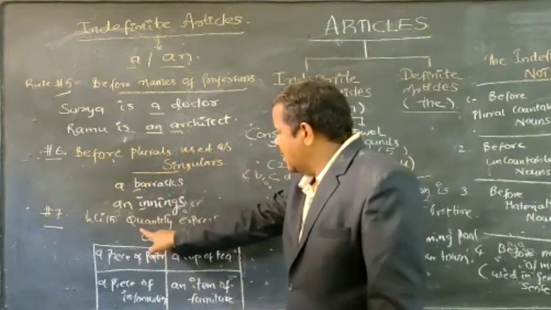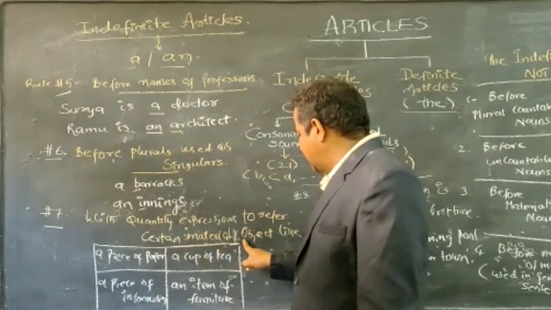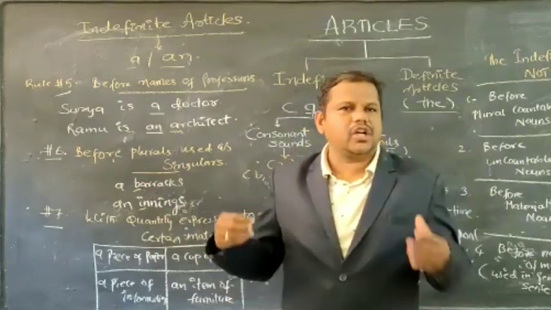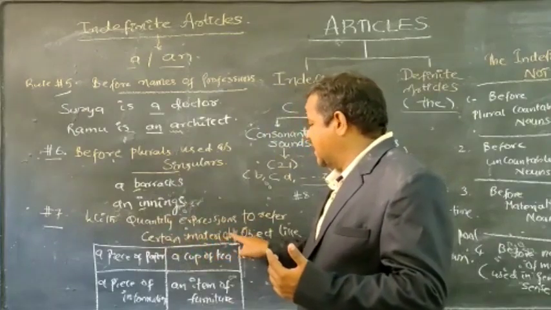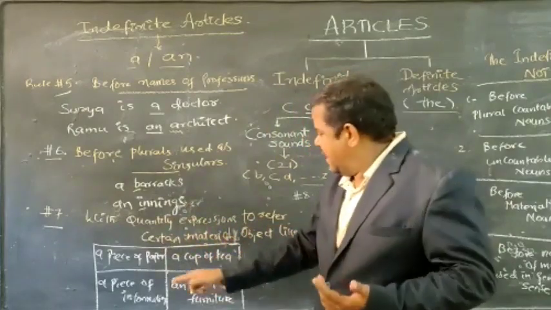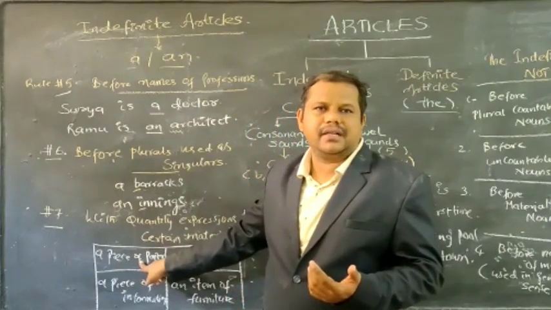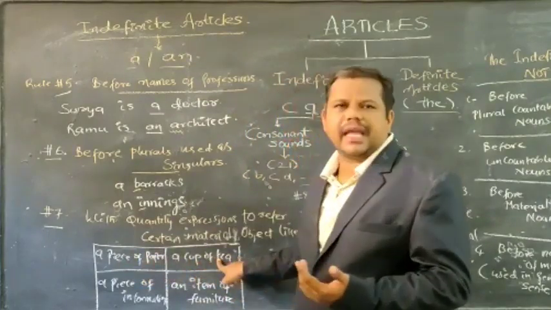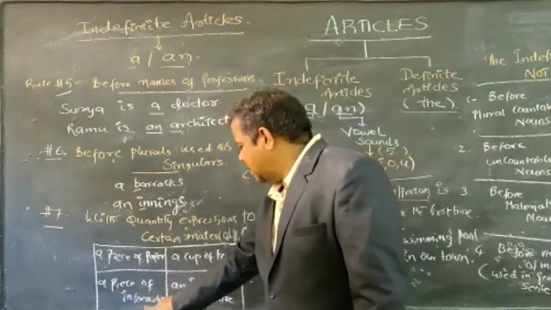The next rule: with quantity expressions that refer to certain material objects, like a piece of paper, a cup of tea, a piece of information.